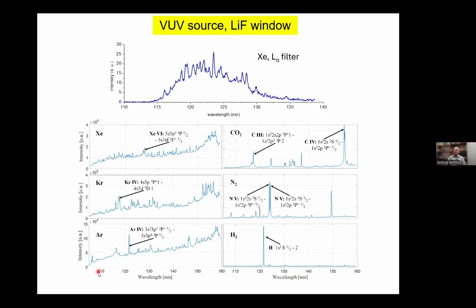It is similar to when we take, for example, a special filter for Lyman alpha. We can select some part of the spectrum corresponding more or less to the Lyman alpha, which is the most common radiation in space.